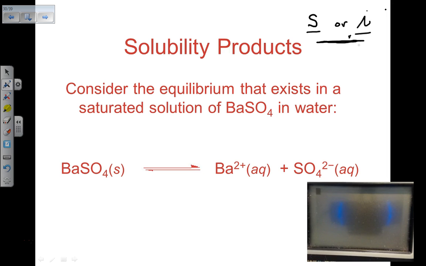So one of the compounds that we may look at is barium sulfate. As we learned in our solubility rules, we would say that barium sulfate is not necessarily soluble. But what it does is it forms an equilibrium reaction where some of it will react and ionize.